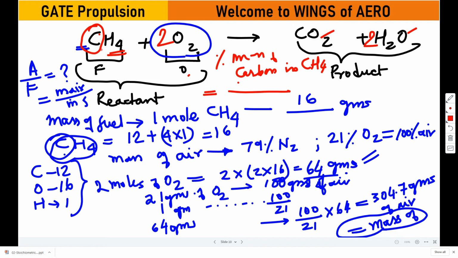That means 1 into 12, divided by CH4, which is 12 plus 4, that is 4 into 1 gives 4, into 100. 75%. That means 75 percent of the mass is carbon in this system.